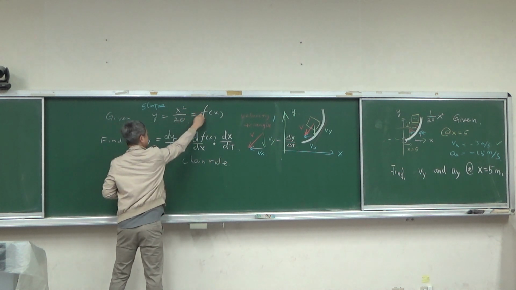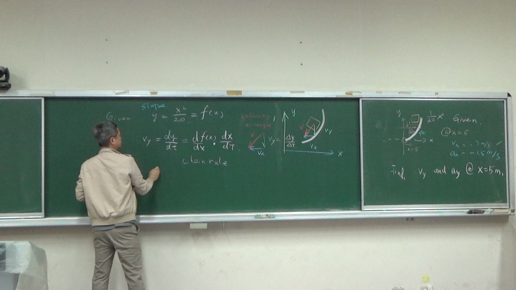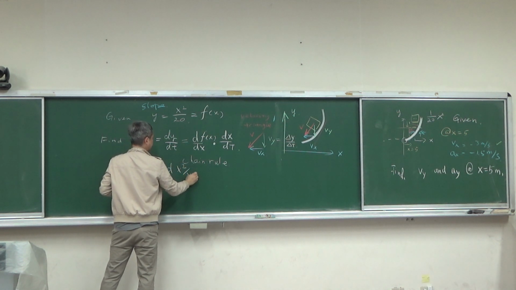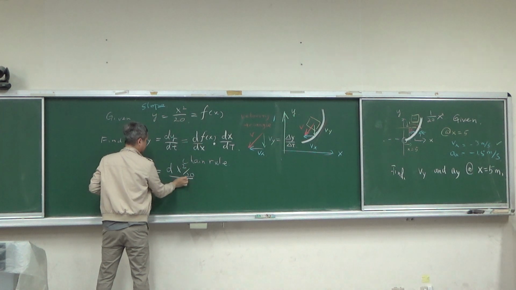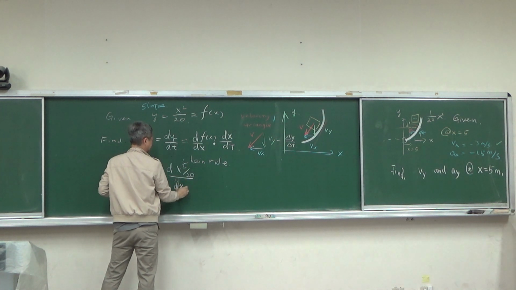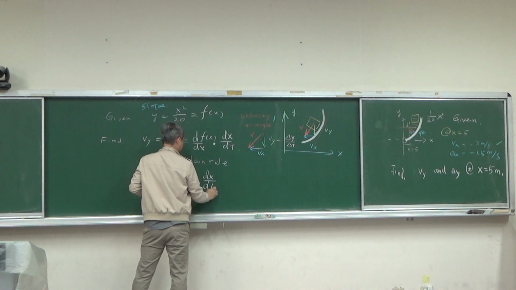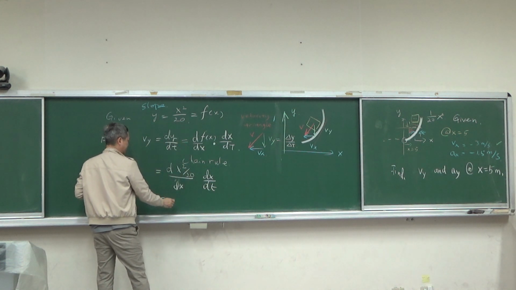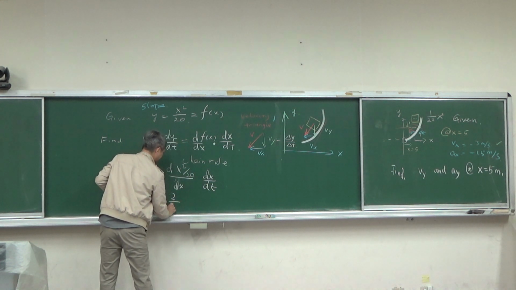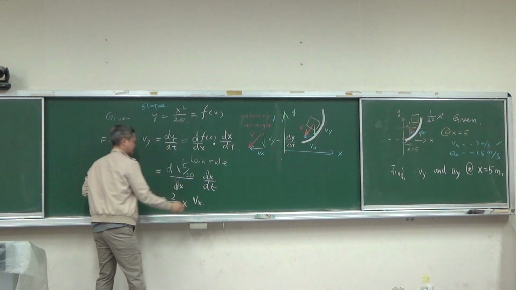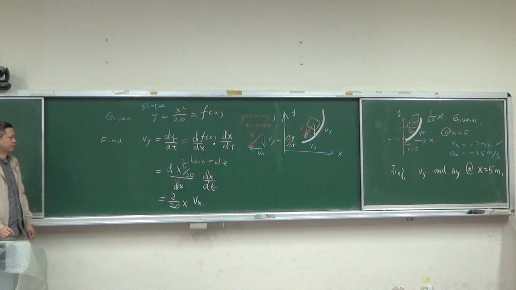By substituting, what is this here? You have x squared over 20, differentiate with respect to x, and then times dx/dt. So this is what you have: 2 over 20 x times dx/dt.